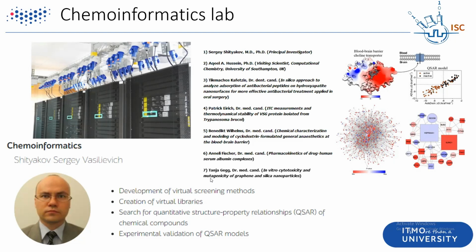Usually we have a lot of experiments, then we try to model the experiments to understand the mechanisms and how we can predict some chemical properties. The models are very important to analyze the chemical substances.